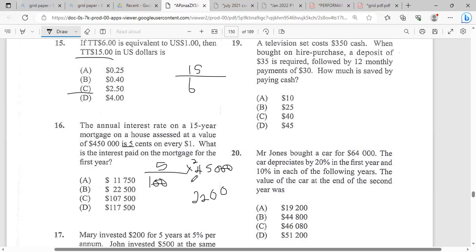Oh yeah, it's actually 450,000, so there's an extra zero; instead of 45,000 I had used the wrong value. Based off of that, I will get 22,500 instead of the earlier answer.